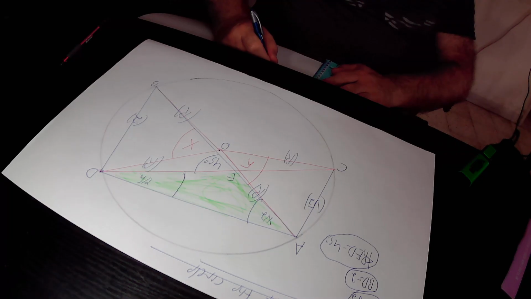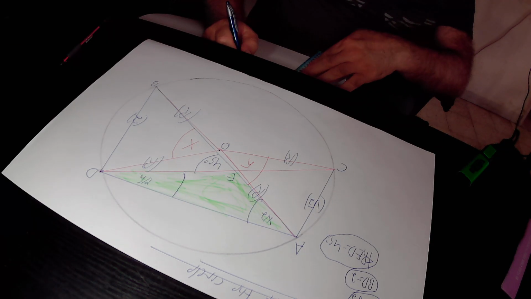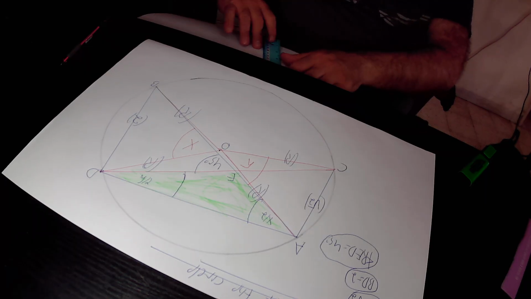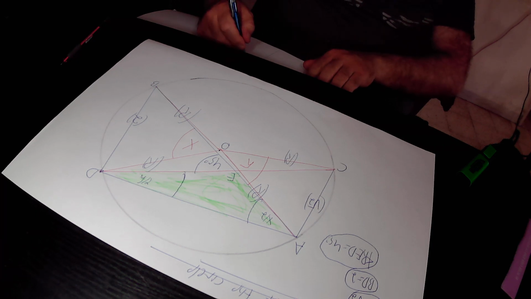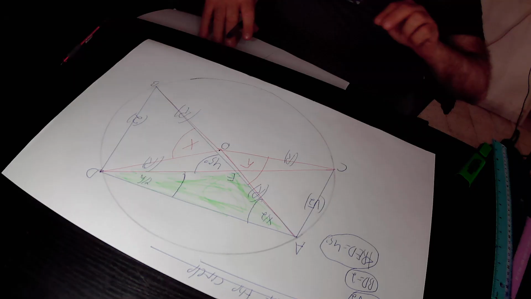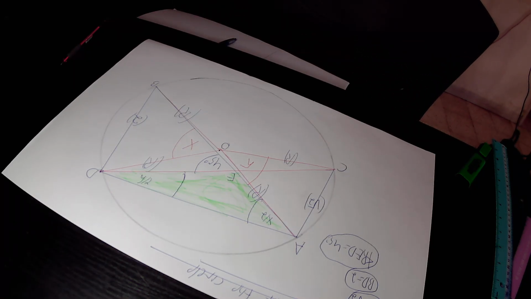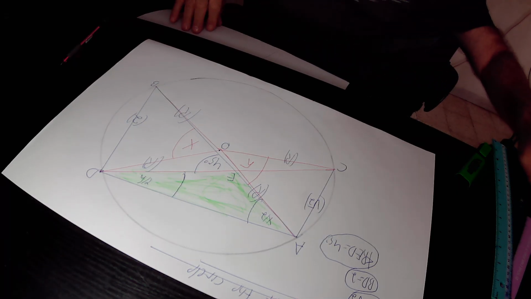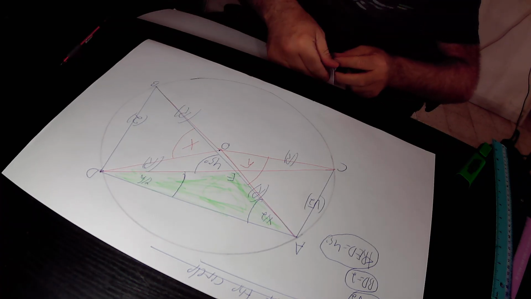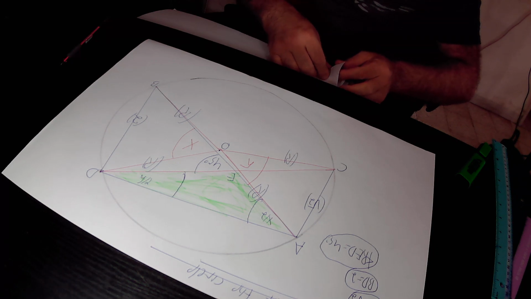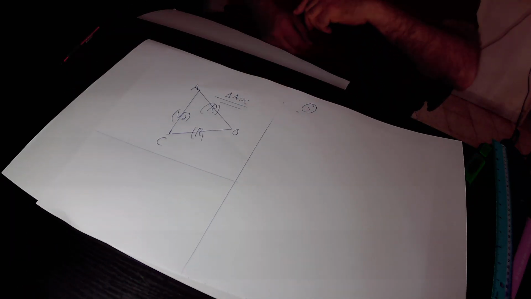OC equals R, and OA also equals R. This is triangle AOC from the original drawing.